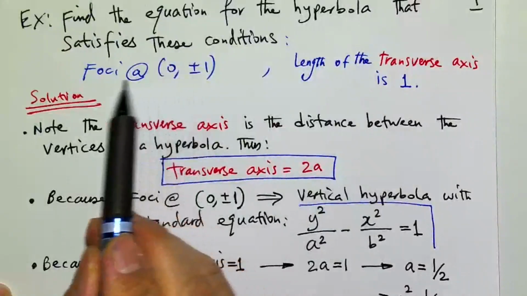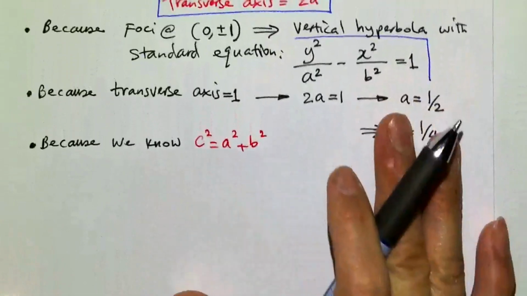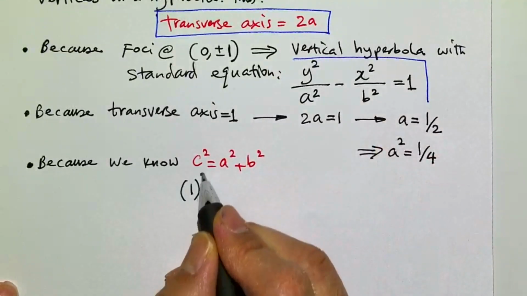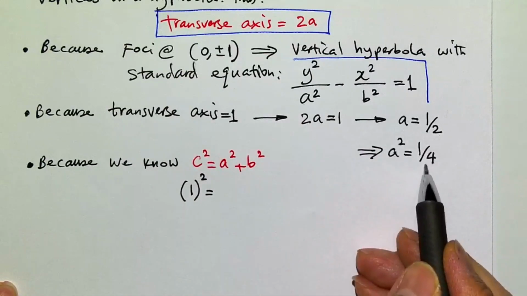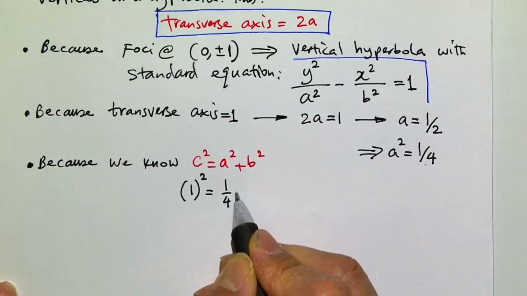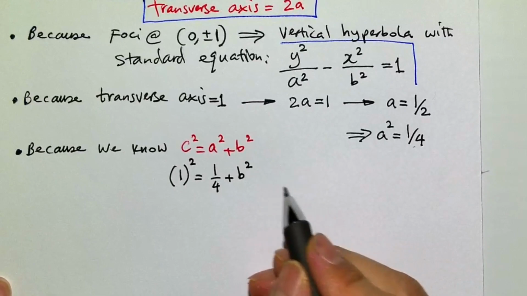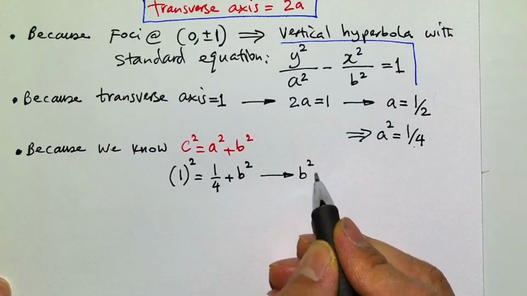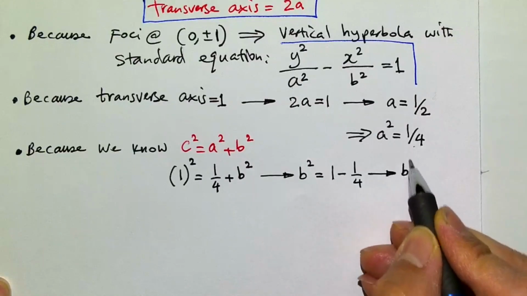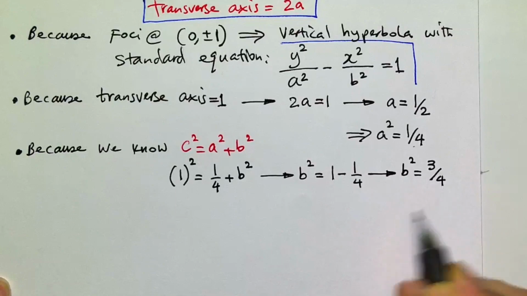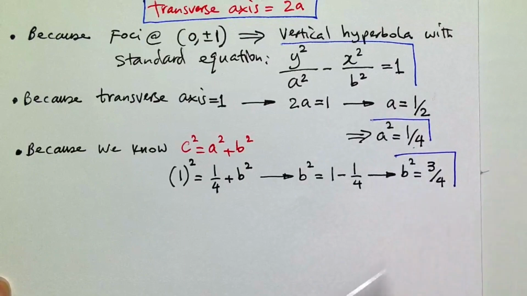From this information, we know that c equals 1. So 1 squared equals a squared, which is 1/4, plus b squared. So from here, b squared is equal to 1 minus 1/4, or b squared is equal to 3/4. Okay, these are the important quantities that we're finding.